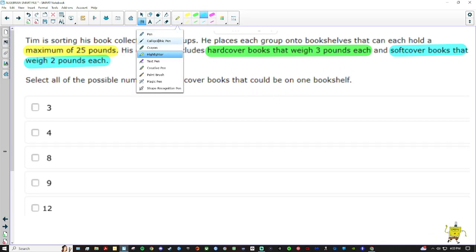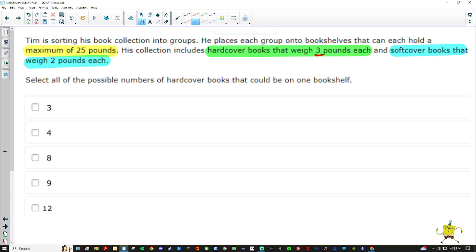So our hardcover books weigh 3 pounds, and we can't go over 25 pounds. If we have 3 hardcover books, 3 times 3 equals 9. That's good. If we have 4 books, 3 pounds each is 12 pounds. That's good. 8 times 3 is 24. That's still fine, not over our limit.